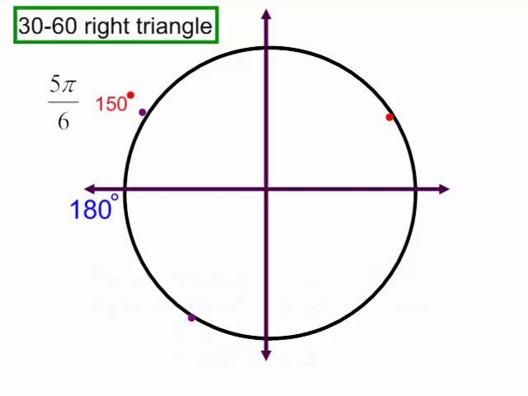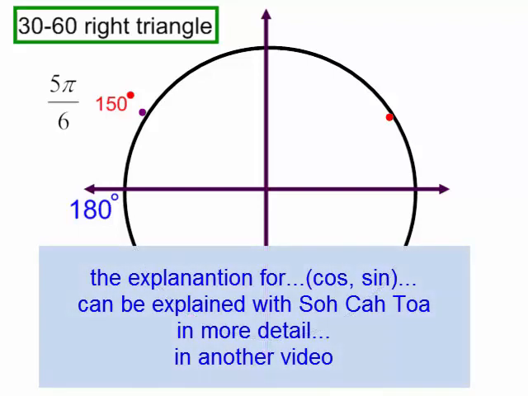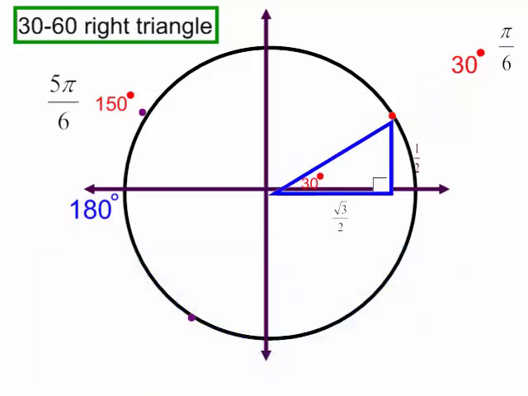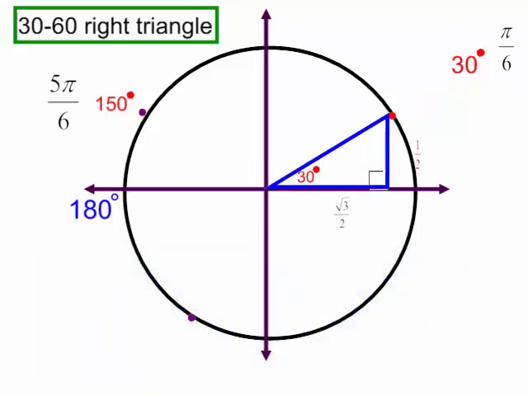I have a unit circle here, and I am wanting to know the cosine and sine of this point. And I am telling you that this is at 30 degrees. Remember 30 degrees? That is the radian, pi over 6. Well, I'm going to use a right triangle to help me. I do know that this is 30 degrees.